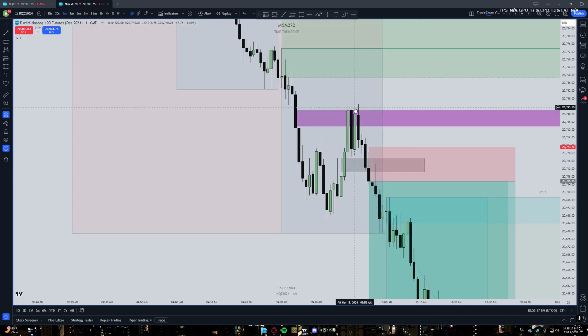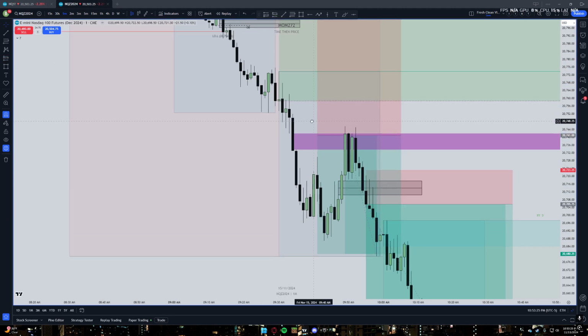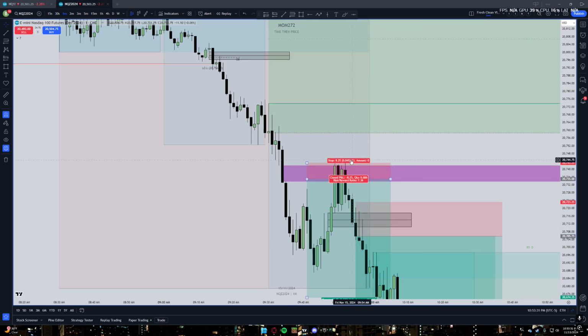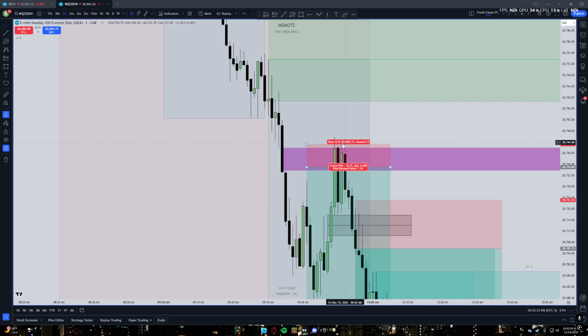You also have to allow for the wicks, because the wicks are what's going to stop you out. Those inexperienced ICT traders who are taking these shorts, who have their stop loss a centimeter above this fair value gap, are getting stopped out here, and then we're going to move lower.